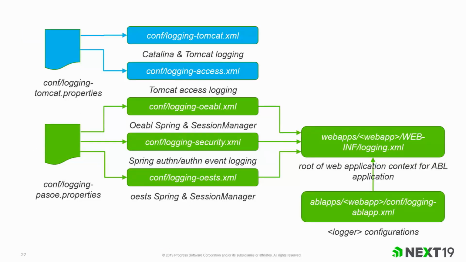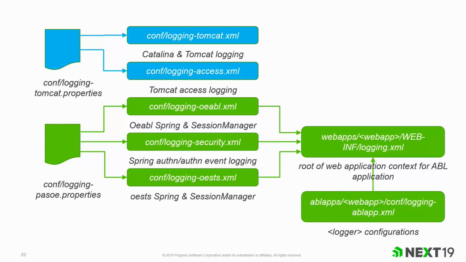Okay, so just to reiterate one more time, say it in a different way maybe. There are two main properties files. They're both in the conf directory. There's logging-tomcat.properties and logging-pasoe.properties. Logging-tomcat.properties does the Tomcat class loader level. So it feeds into logging-tomcat.xml and logging-access.xml. And logging-pasoe.properties does all the ABL application level.